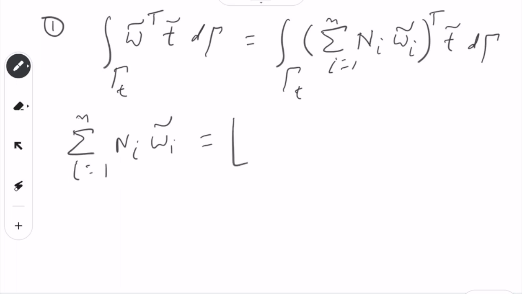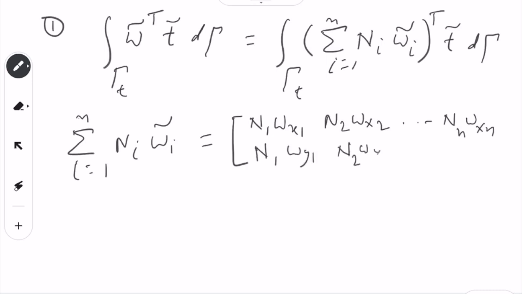So this will be equal to nothing but N_1 w_x1, N_2 w_x2 and so on till N_n w_xn, and then here we have N_1 w_y1, N_2 w_y2 and so on till N_n w_yn, like this.